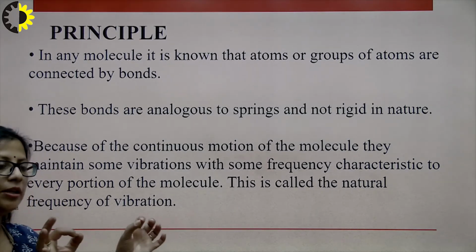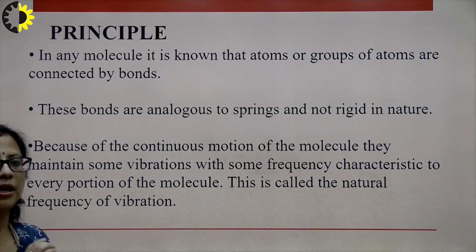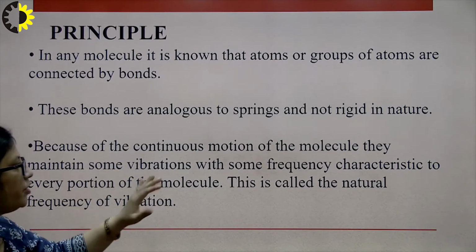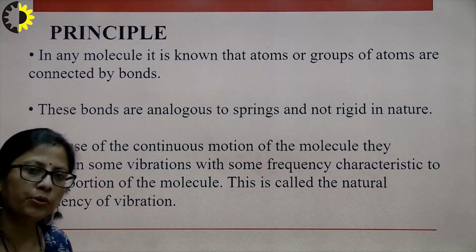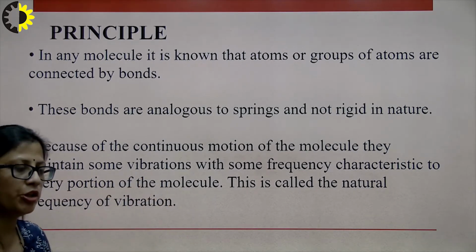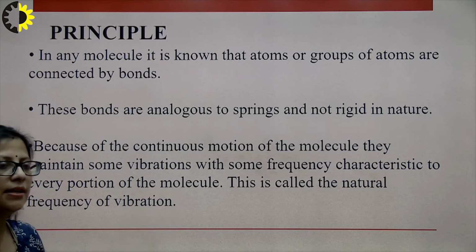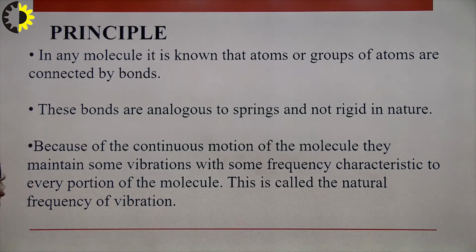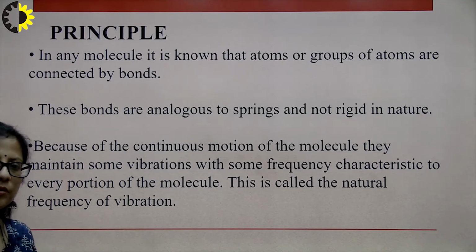The bond between the two atoms is like a spring. Because of the continuous motion of the molecule, because nothing is static, they maintain some vibrations with some frequency characteristic to every portion of the molecule. This is called the natural frequency of vibration.